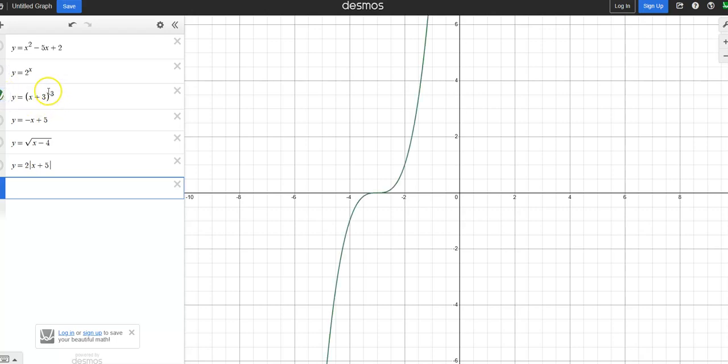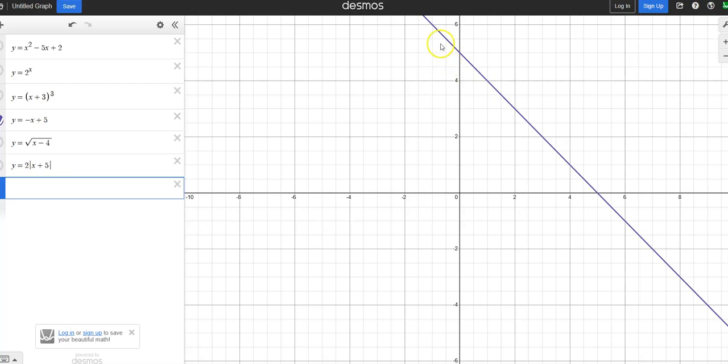For this one, it's all about the power here of 3. So if you notice, it's all about powers right now and what's in there. So when I have this third power, it's going to form this little wiggly line like this. It always has this middle point here. This fourth one, you guys should know, this is just a straight line whenever we have x to the first power.